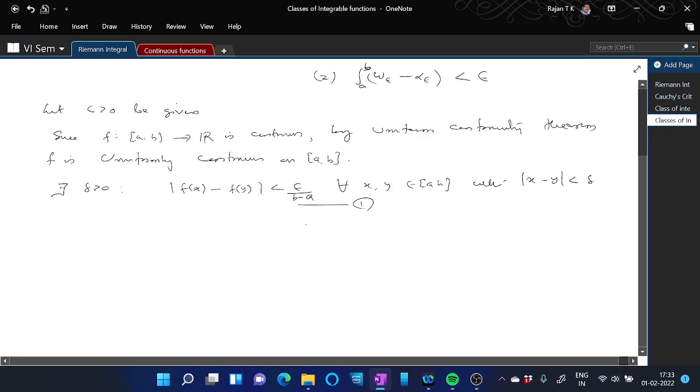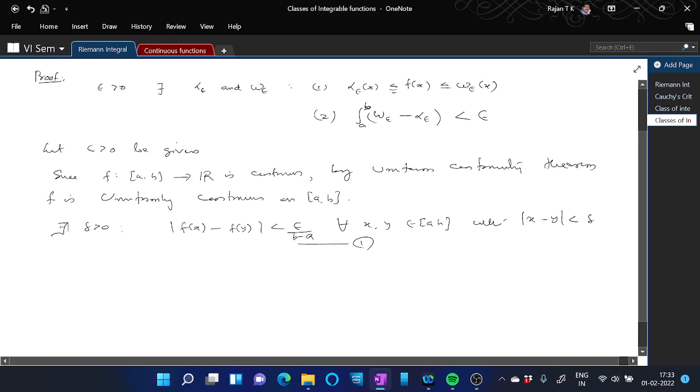Now, let P be any partition of the closed interval [a,b] with the norm of P less than delta.